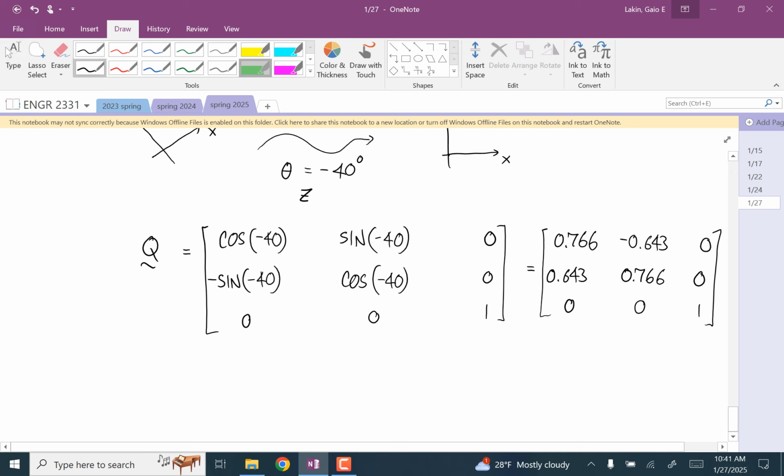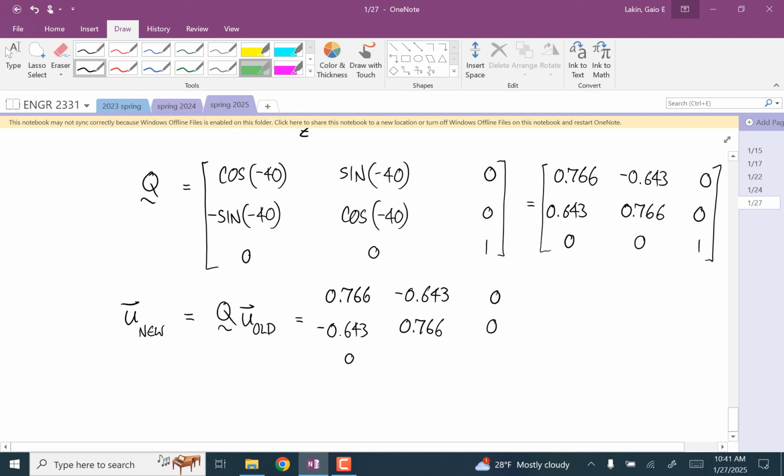And now our new U components are going to be Q times U old. So I'll write it again: 0.766, negative 0.643, 0, negative 0.643, 0.766, 0, 0, 0, 1, times our original vector components, which were 10, 0, 0.